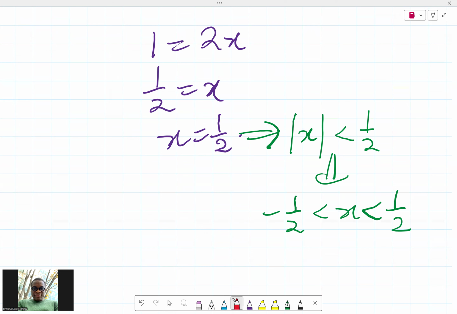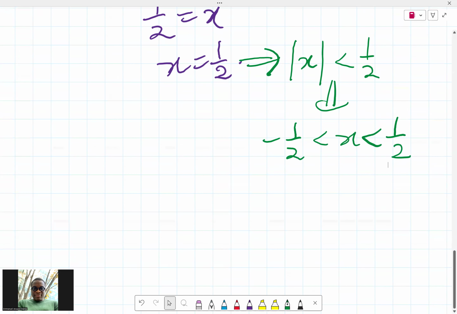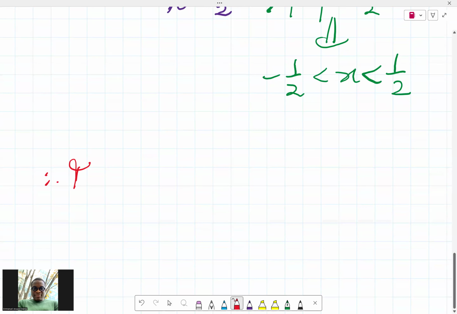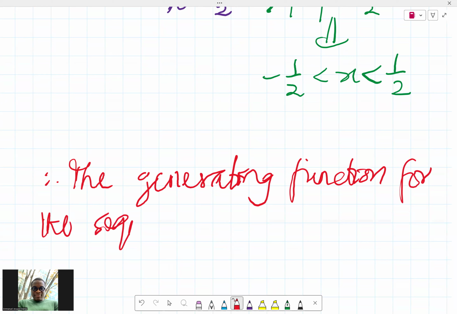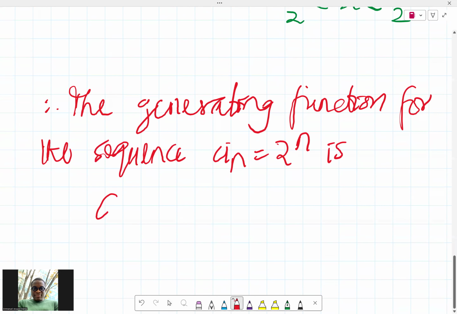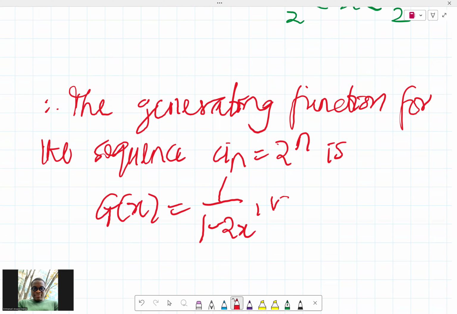We can therefore conclude that the generating function for the sequence a_n equals 2 raised to power n is G of x equals 1 over 1 minus 2x, valid for absolute value of x less than 1 over 2.